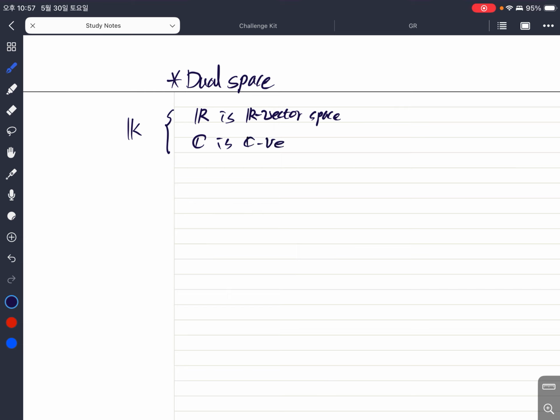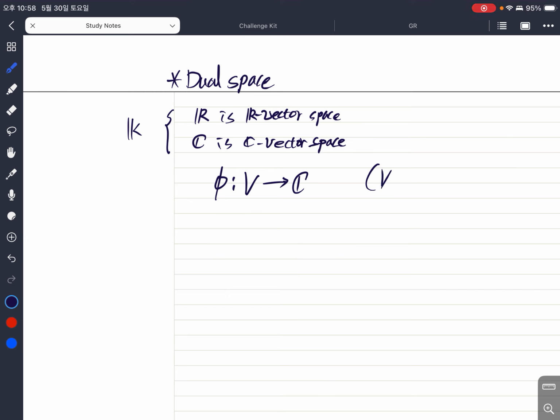C is also a real vector space, but what I want to focus on is that the fields are vector spaces on themselves. So it means that you can define a linear map phi from some vector space V to C.